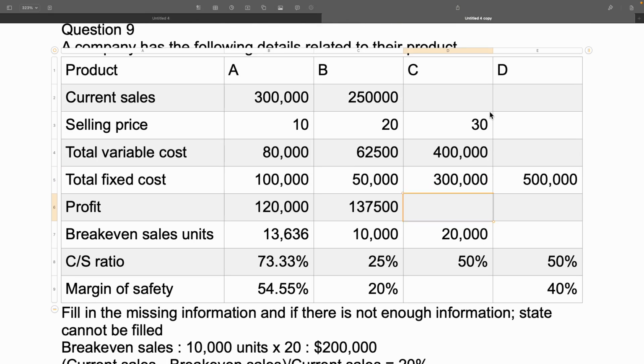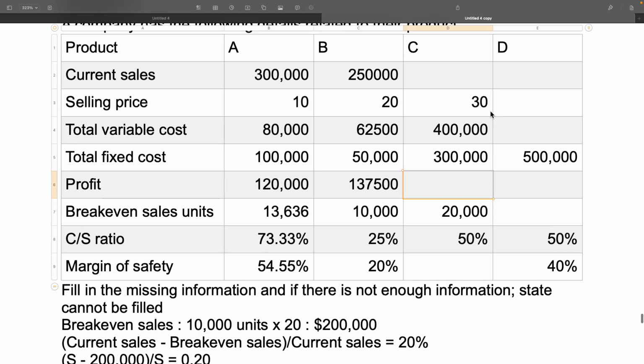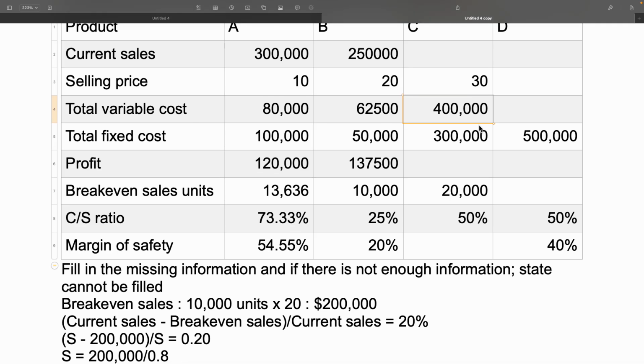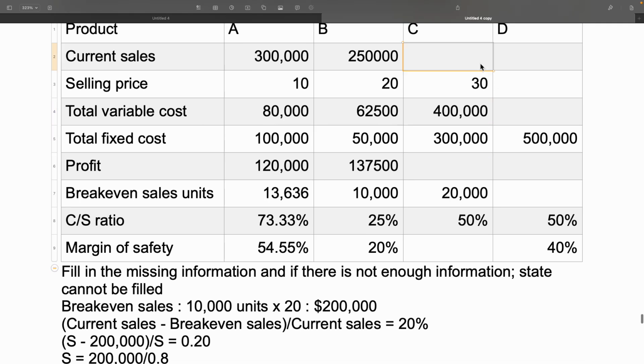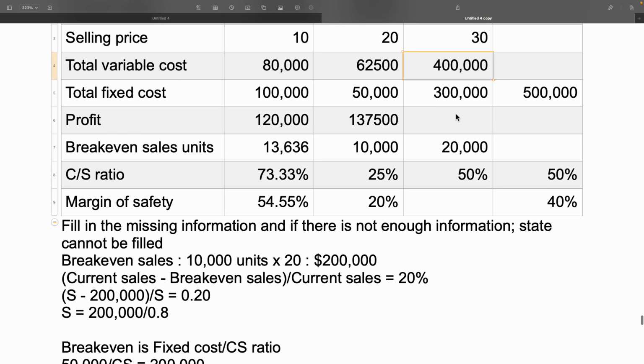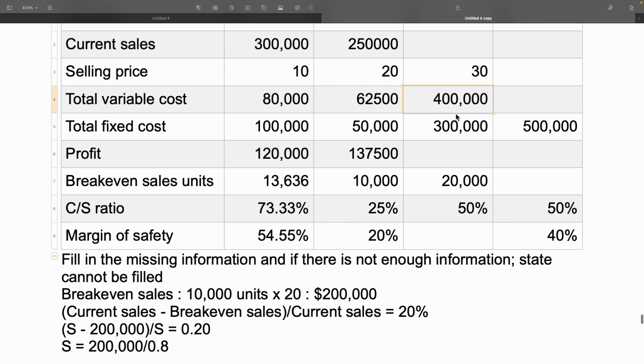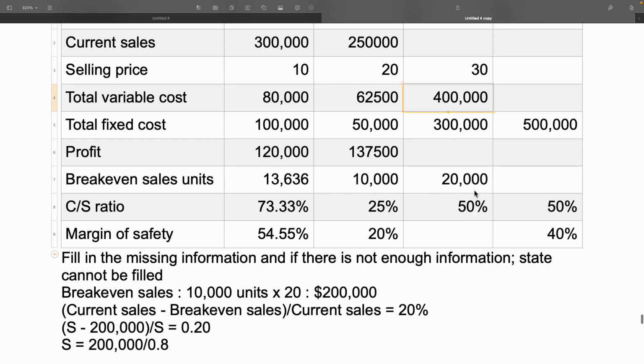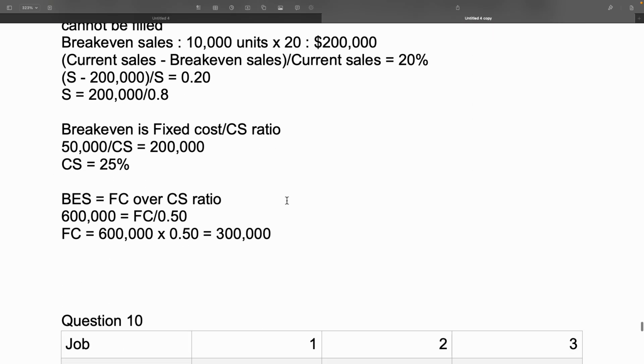Right. If you already got the total variable costs, you should be able to figure out the sales. If I give you total variable cost, you should be able to figure out sales. How much is the sales? Well, the sales is going to be based on, remember, CS ratio.